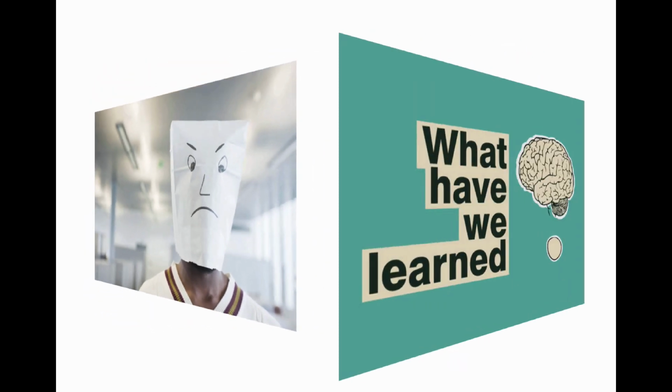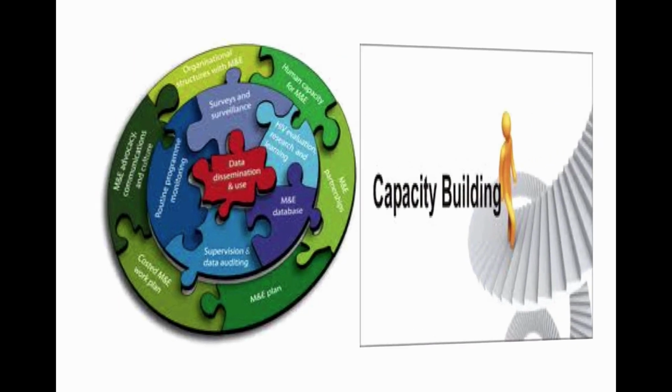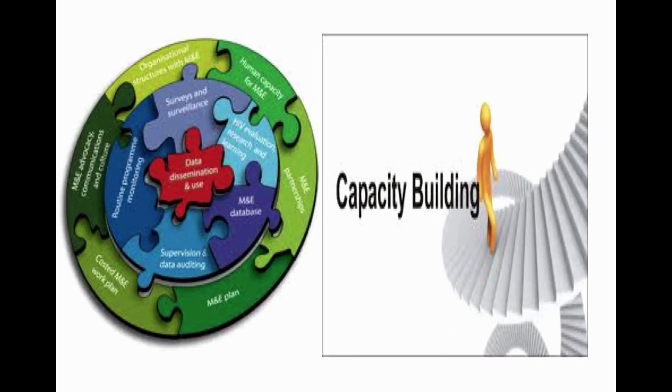So what we can learn in this process, in terms of key lessons learned, is that, first of all, it is important to strengthen the overall M&E system. But I would emphasize here that it is also very important to build capacity, by conducting training and by supervising the M&E officers who are responsible for this system.